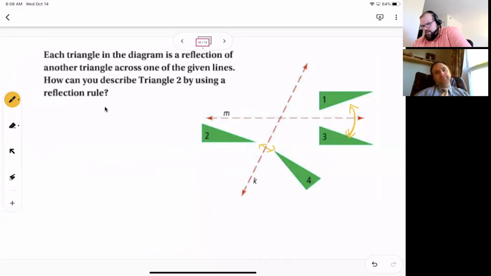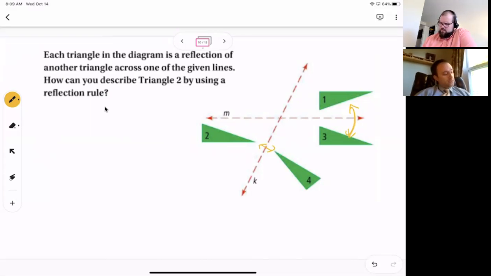And across this line K. So if you're asking us to describe triangle 2 using a reflection rule, are they trying to say that if we reflect 4 across K, we get 2? That makes sense to me. So we could write that in words.